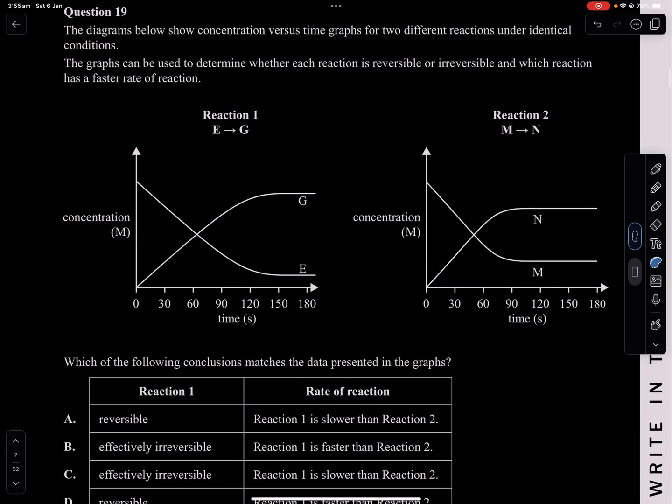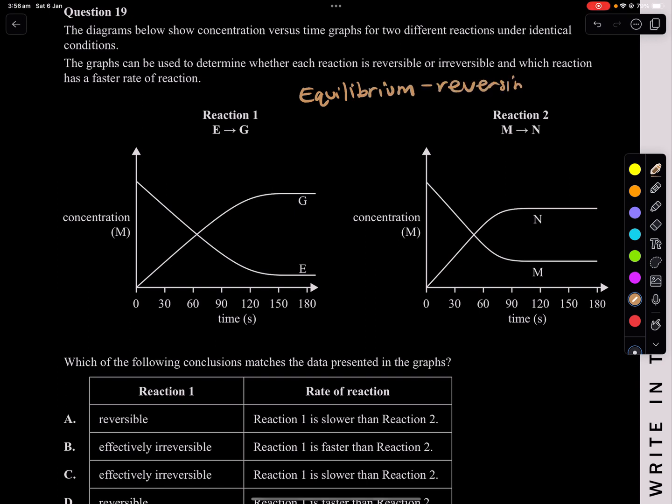What about question 19? The diagram below shows concentration versus time graphs for 2 different reactions under identical conditions. The graphs can be used to determine whether each reaction is reversible or irreversible and which reaction has a faster reaction rate. Remember, when you're looking at a concentration-time graph, if the reaction is in equilibrium, it is reversible.